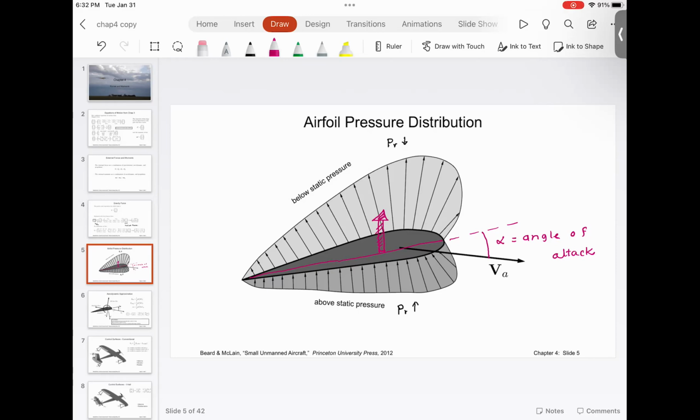So if I plot angle of attack here, and look at the lift force, you will notice it is something like this. At the critical angle of attack, you get the maximum value of lift. And if the angle of attack increases beyond that critical value, you don't have any lift, and what you have is drag.